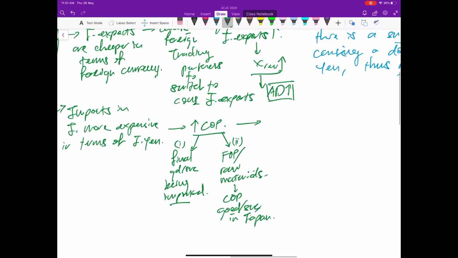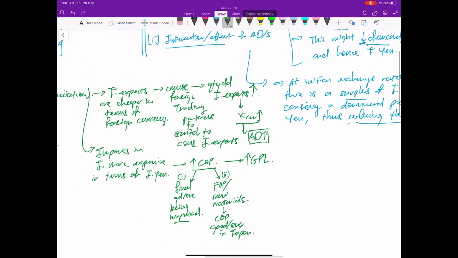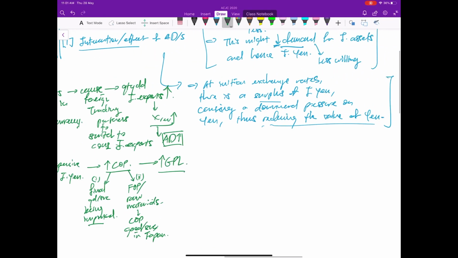And then this will increase the general price levels in Japan. So this is seen through a SRAS shift up or shift left.